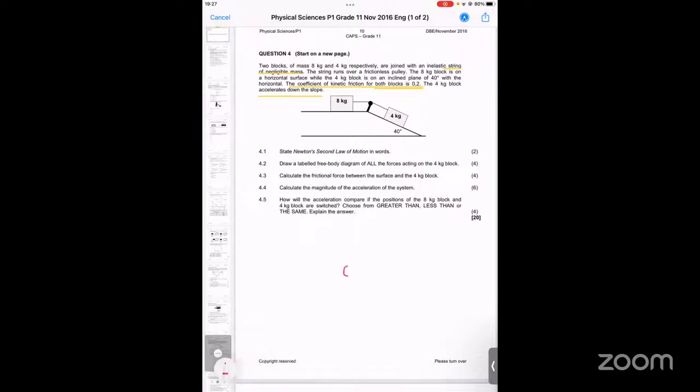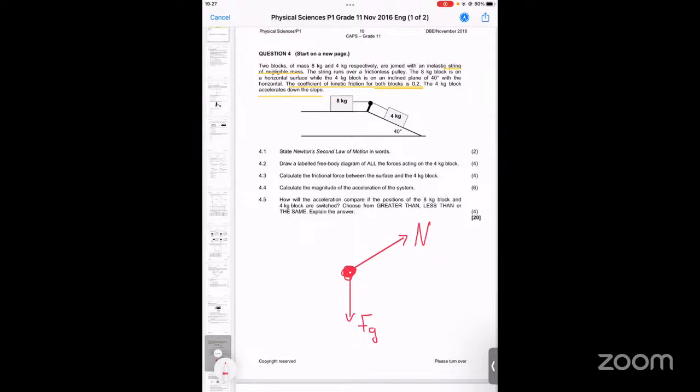So now, if we have to do a labeled free body diagram on the 4 kg, we will say number one is this one, which will always be there, FG. Number two, it will definitely be that one being the normal force.